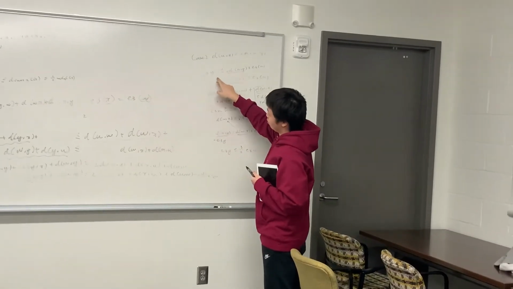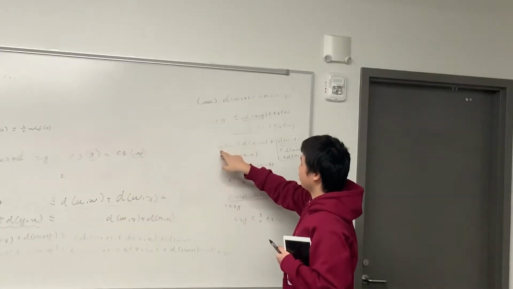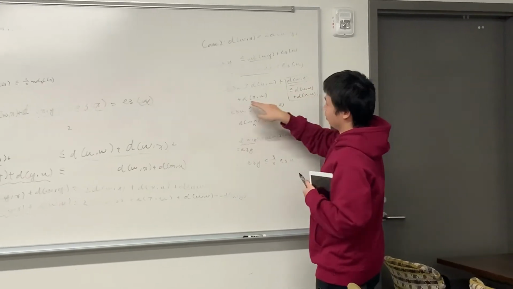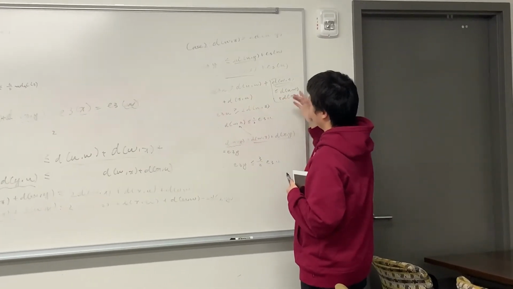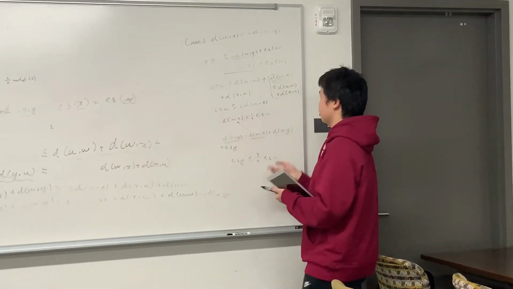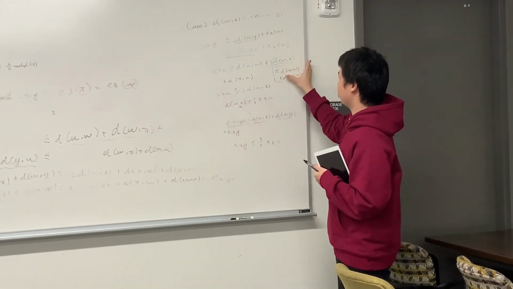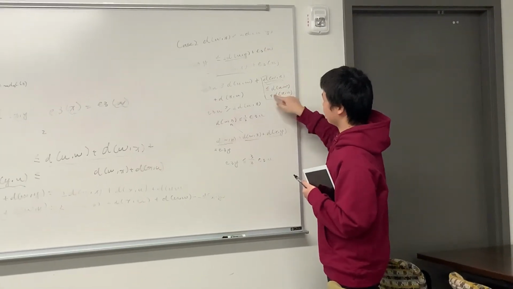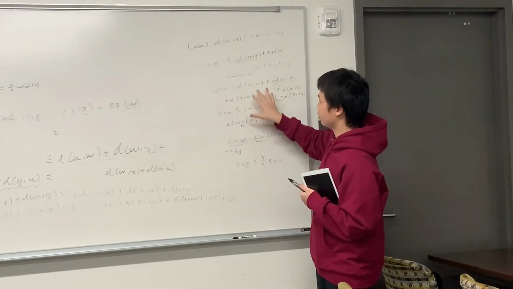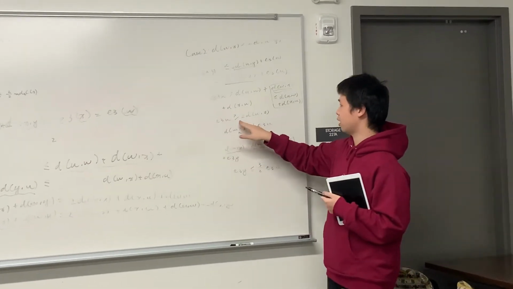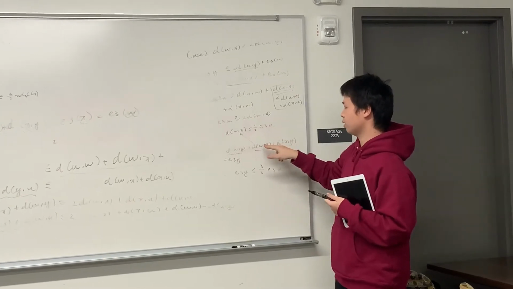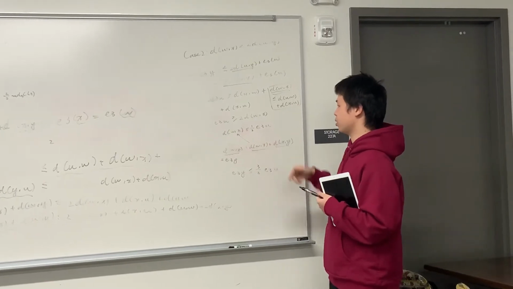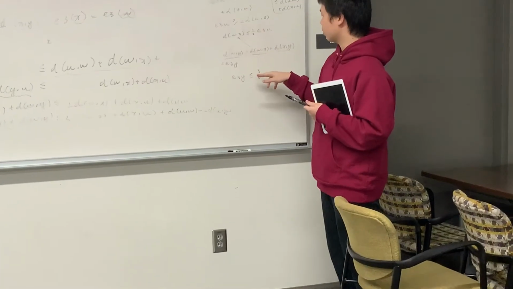And E3u is larger than duw plus dwx plus dxu, but it's also a triangle relationship that we could see dwx is smaller or equal to duw plus dxu. So just substituting this part into the whole equation, we could see E3u is larger or equal to 2dwx. So dwx is smaller or equal to half of the eccentricity 3 of u.